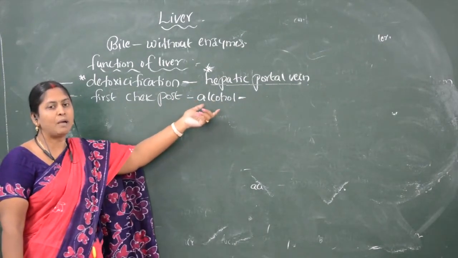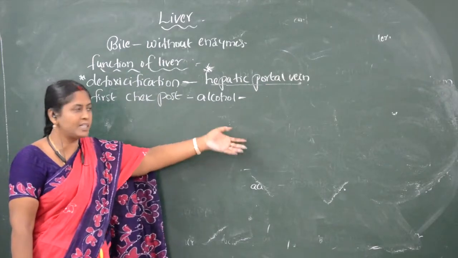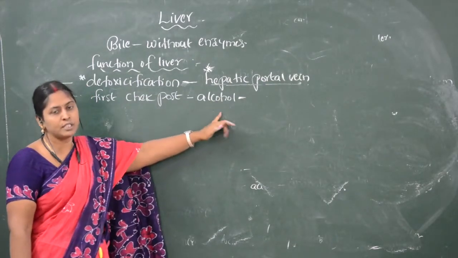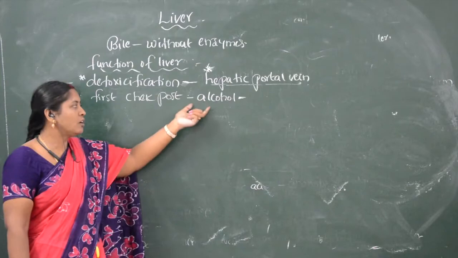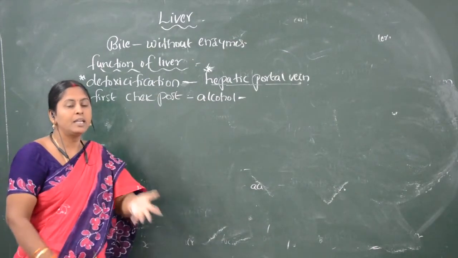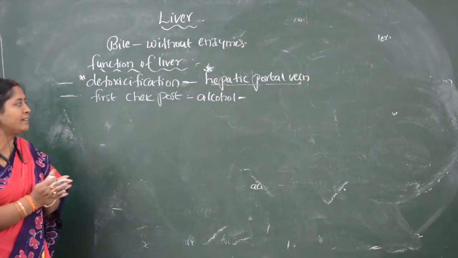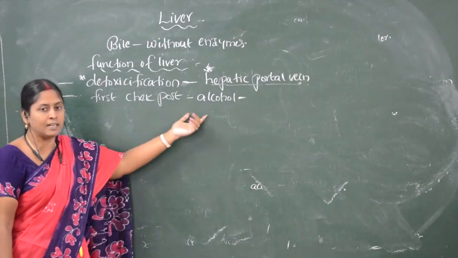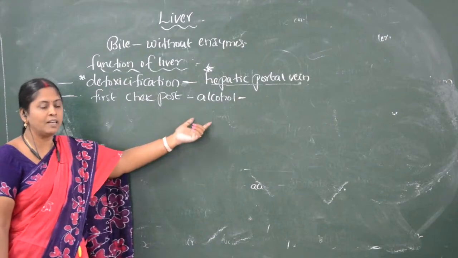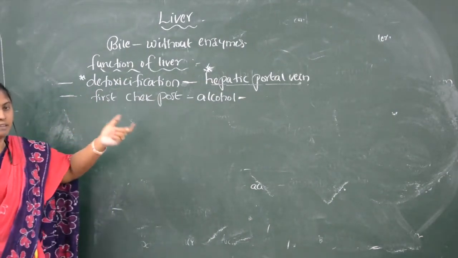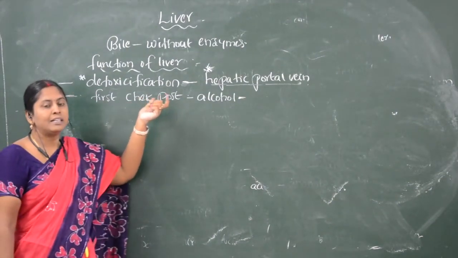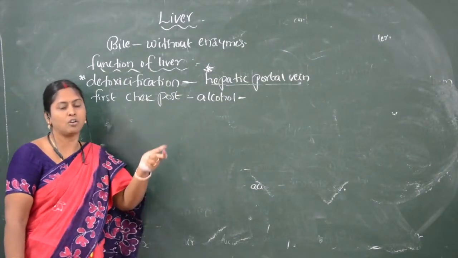Why does the liver get damaged for people who drink? Alcohol is toxic to the body. The alcohol which enters the body directly enters the liver. While it is entering the liver, the liver detoxifies this alcohol.